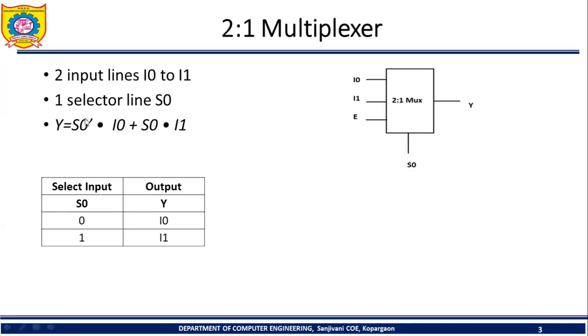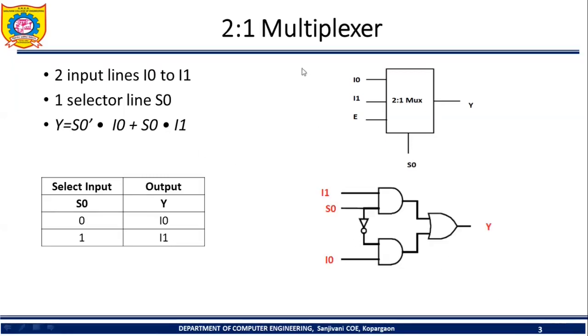Then we will require two AND gates, since dot indicates AND operation, and one OR gate for the OR operation. In total, we will require 4 gates. The logic diagram for the 2:1 multiplexer will be like this.